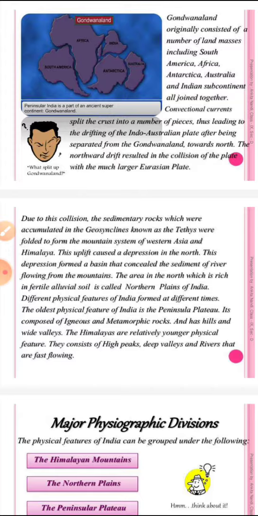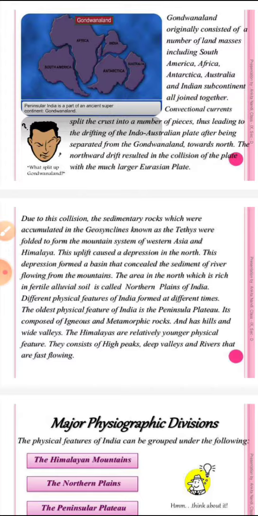Due to the subsidence of the northern edge of the peninsular plateau, one depression, one basin was formed, and in that basin the Himalayan rivers and also the peninsular rivers deposited sediments, and due to the deposition of the sediments, the great northern plain of India has been formed.